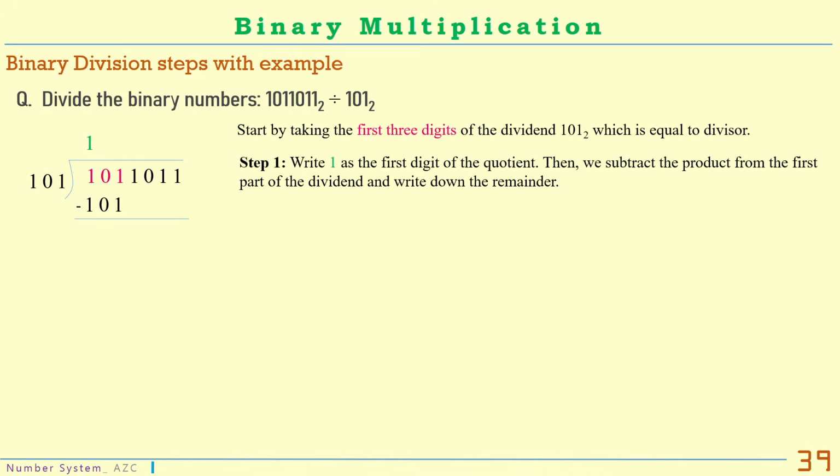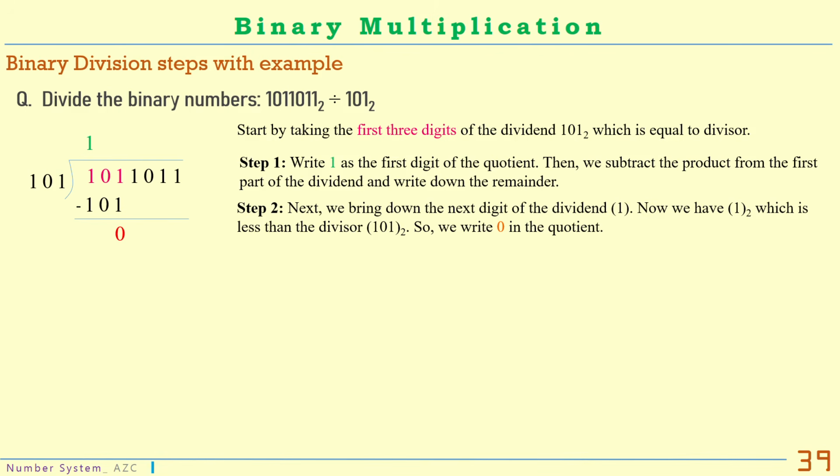Then we subtract the product from the first part of the dividend and write down the remainder. Step 2. Next, we bring down the next digit of the dividend, 1. Now we have 1, which is less than the divisor, 101. So we write 0 in the quotient.